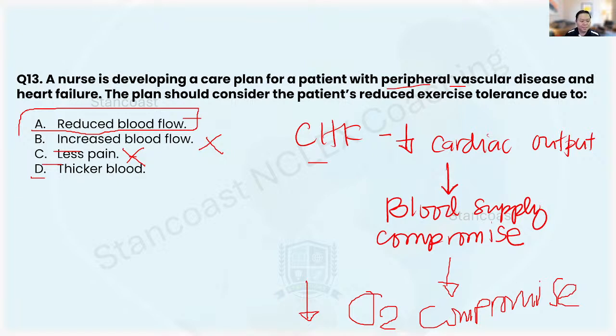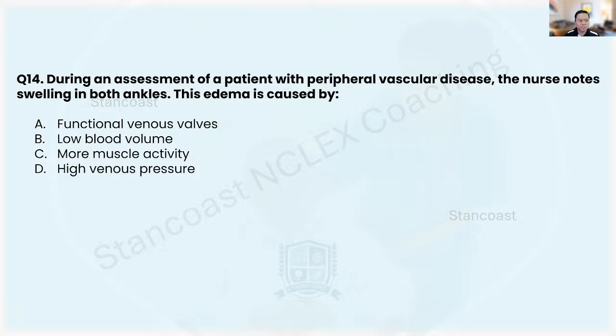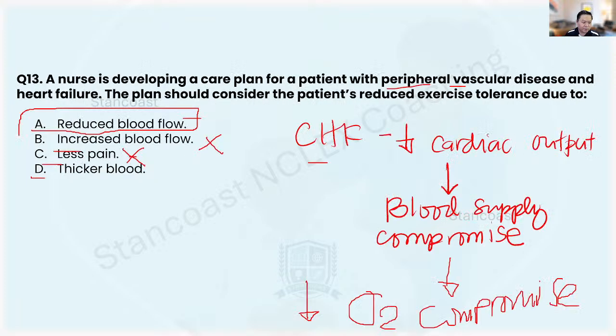Okay, let's take a look into the next test question here. Question number 14. Thicker blood is referring to the viscosity, the thickness. If you have hypercoagulability, remember about the HES?